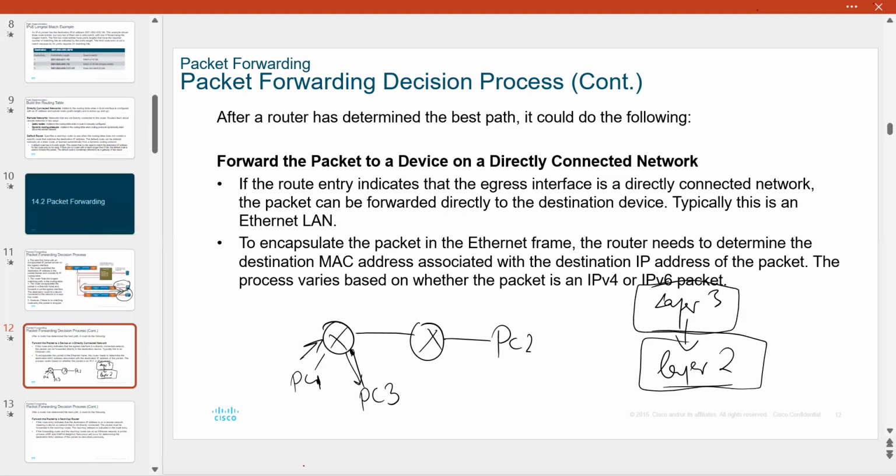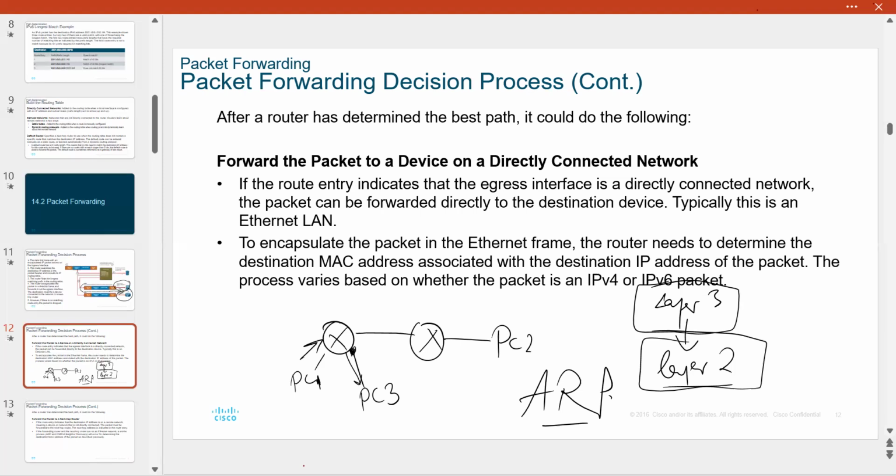Now to do encapsulation at layer 2, we need the MAC address. If we don't have the MAC address, that's where the ARP process, address resolution protocol, comes in. ARP is used to match, since we already have the destination IP address. We don't have the MAC address.